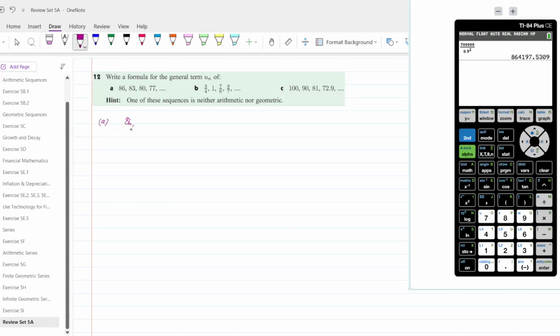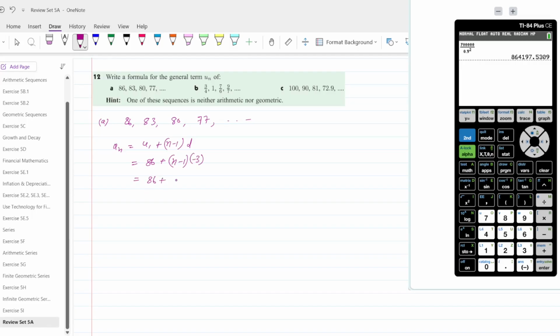So 86, 83, 80, 77. We know it seems to be an arithmetic sequence. The UN is going to be U1 plus n minus 1 times D. U1 is 86, n minus 1 times D. D is 83 minus 86, that is negative 3.